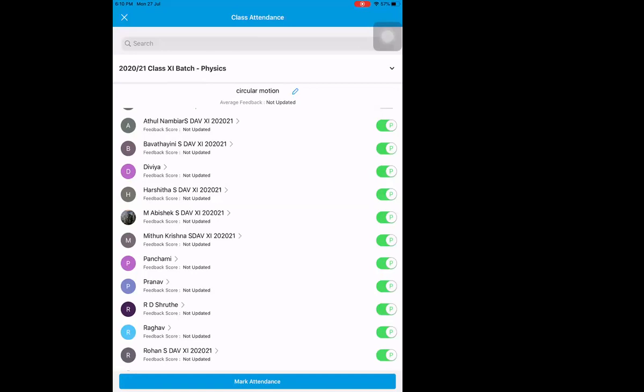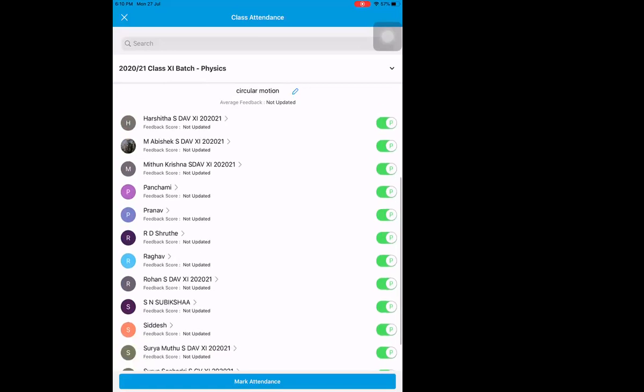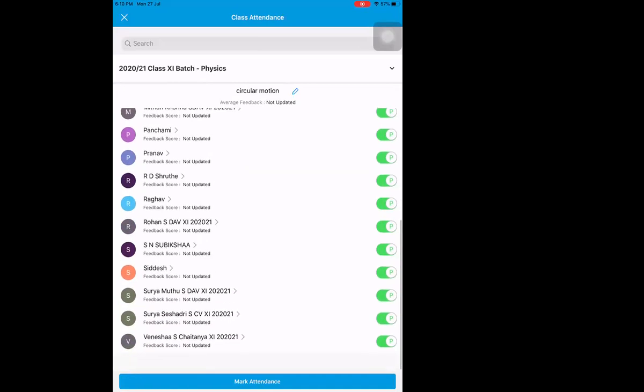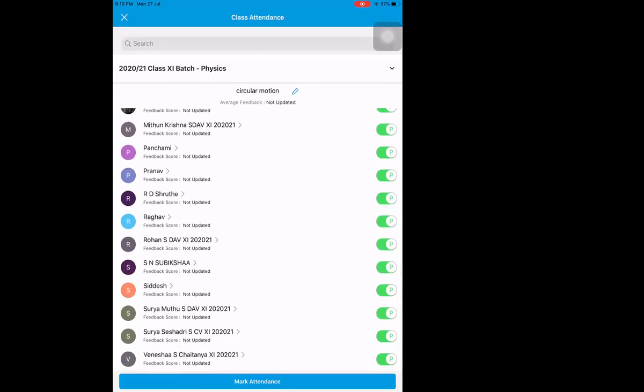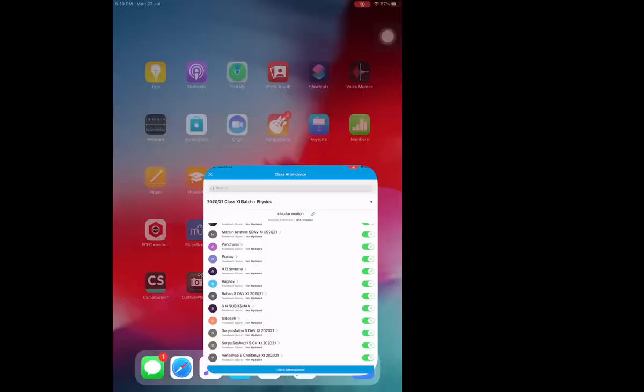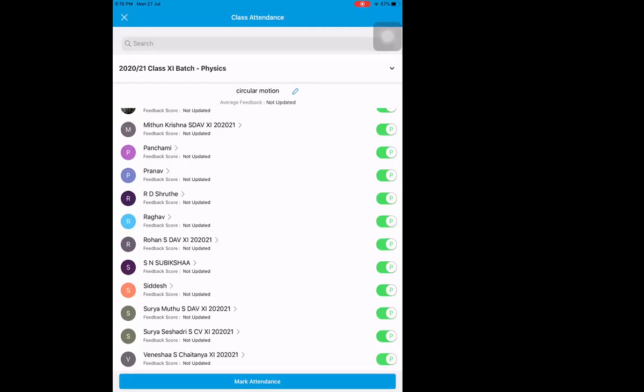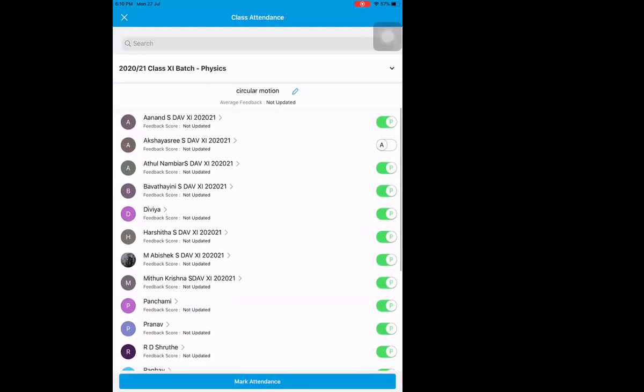Pranav? Yes, sir. Adi Shruti? Yes, sir. Rohan, I spoke. Subiksha? Yes, sir. Siddesh? Yes, sir. Surya? Surya, Muthu and Seshadri, both of you are there? Yes, sir. Vinisha? Surya Madhu is there, sir. Okay, so only Akshay Shri is not there.